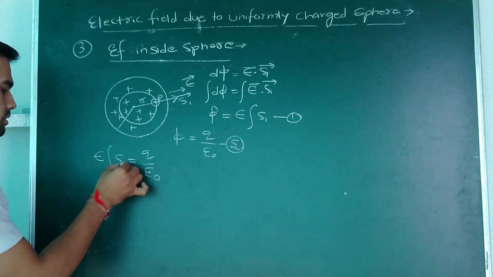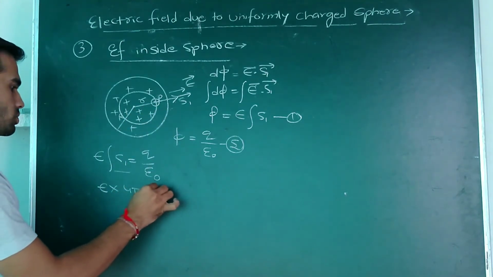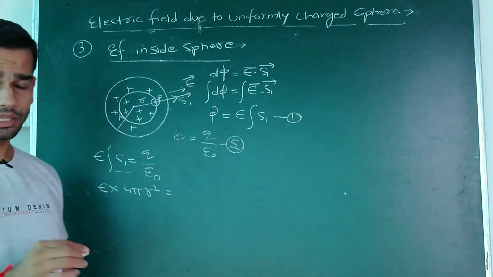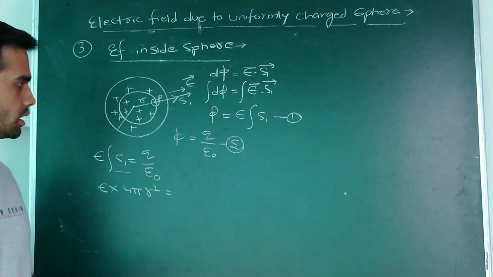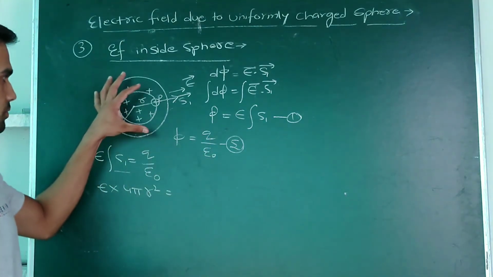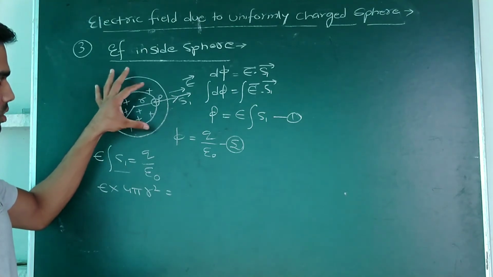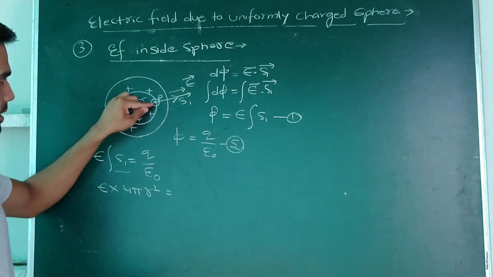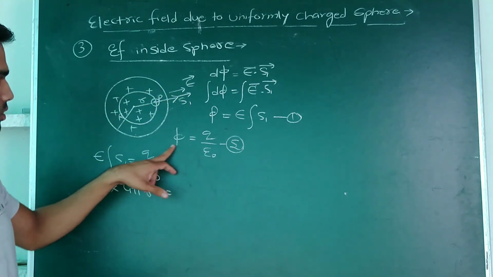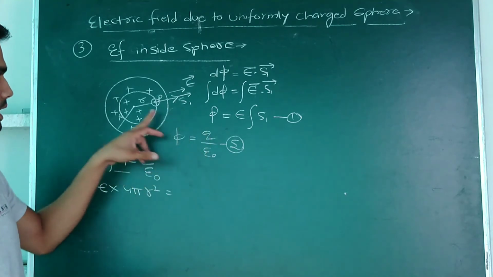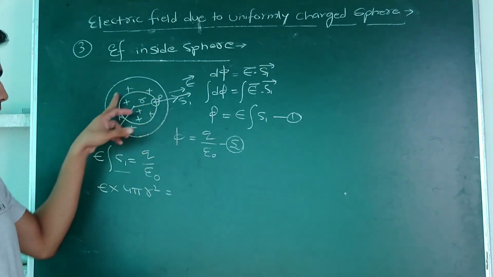And the most important thing in this derivation is that here small q is not the total charge of the sphere, because according to Gauss law, the electric flux phi is calculated only due to the charges enclosed within the closed surface.